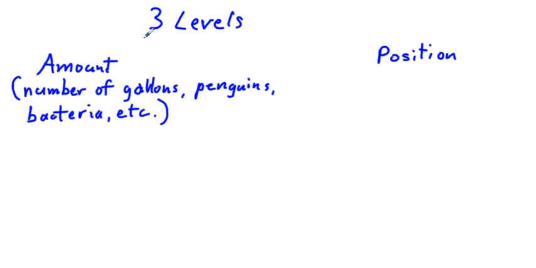We have to consider a function at basically three levels. First of all, there would be an amount, a number of gallons, penguins, bacteria, etc. Then there would be a rate of change. So rate of change is going to be the second level.